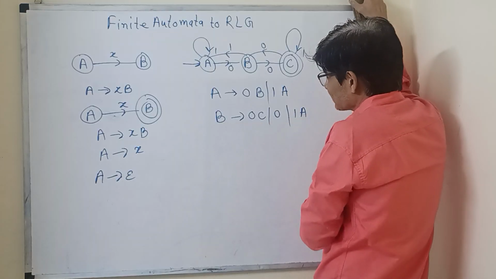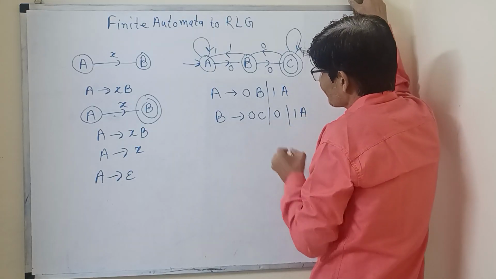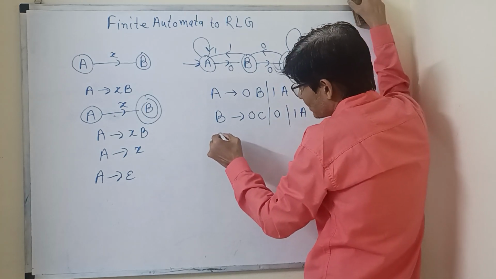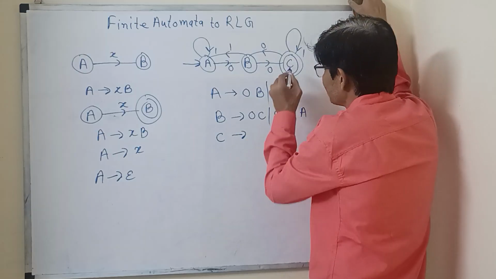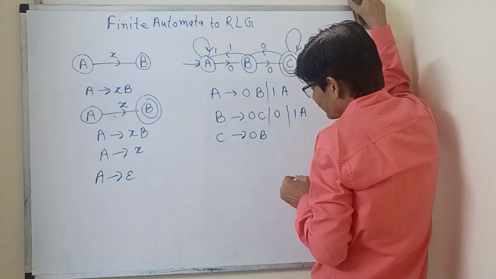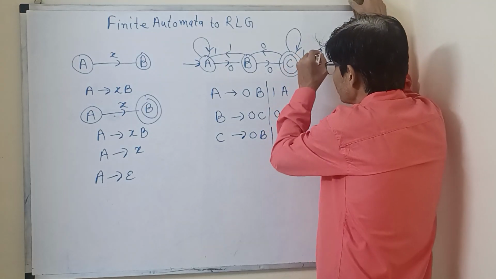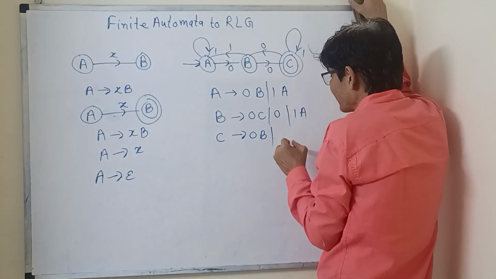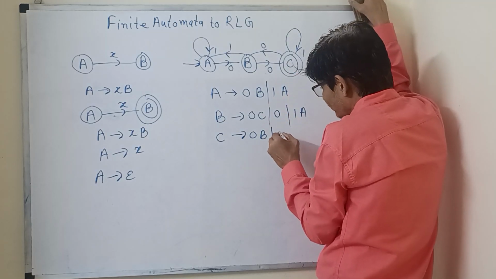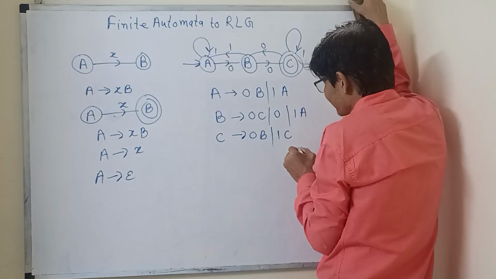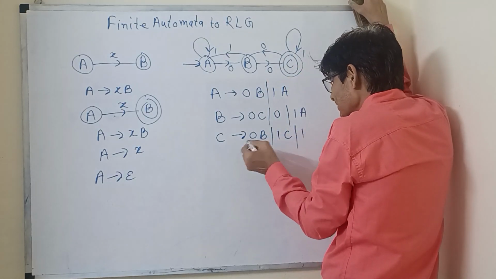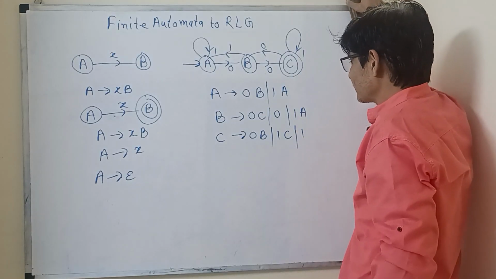So these three productions will be added for B. Now for C, on C, if we are applying 0, we are moving to B, so I can write C gives 0B. And on C, if we are applying 1, we are staying on C itself, so I can write 1C. And as C is a final state also, I can write C gives 1.